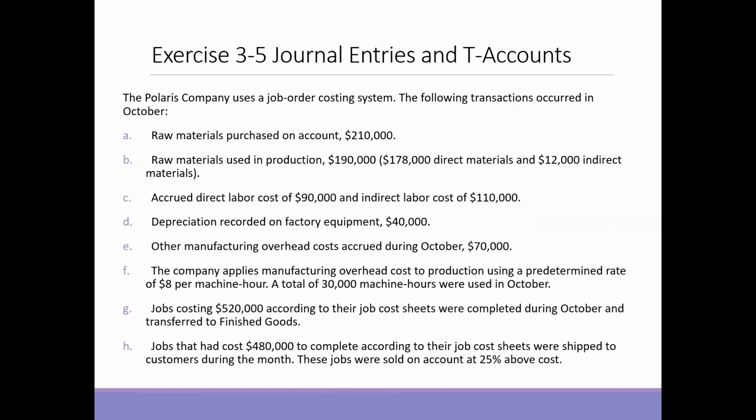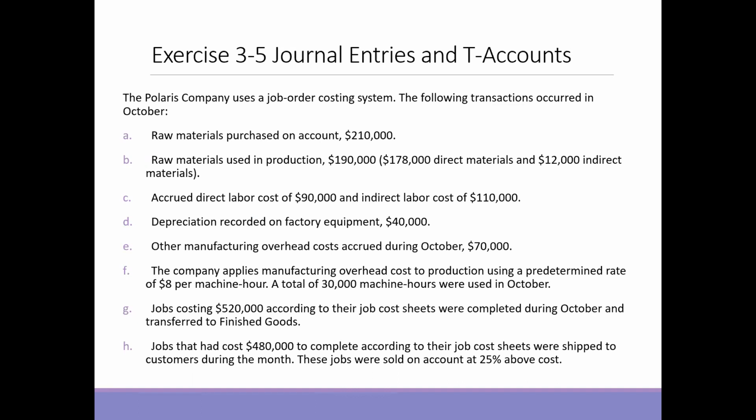So let's look at an example here. This example shows us that Polaris Company uses a job order costing system. In October, they purchased raw materials of $210,000 on account.